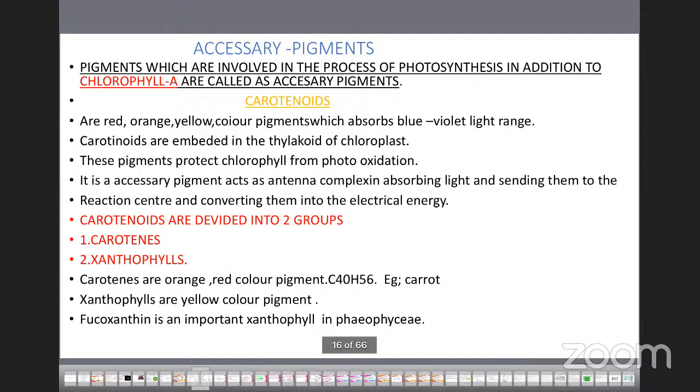Here is the definition. Pigments which are involved in the process of photosynthesis in addition to chlorophyll A are called accessory pigments. Yes, this is the right definition. What are the other pigments which come under accessory pigments?